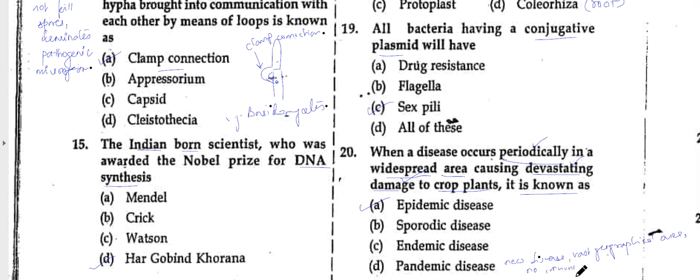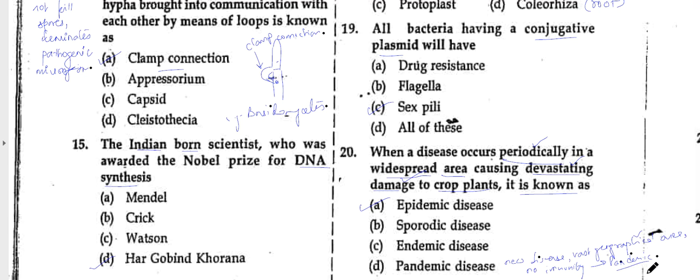All the terms are relatable to coronavirus disease. Most of the people, like 99% of the people, do not have immunity against it. This is known as pandemic.